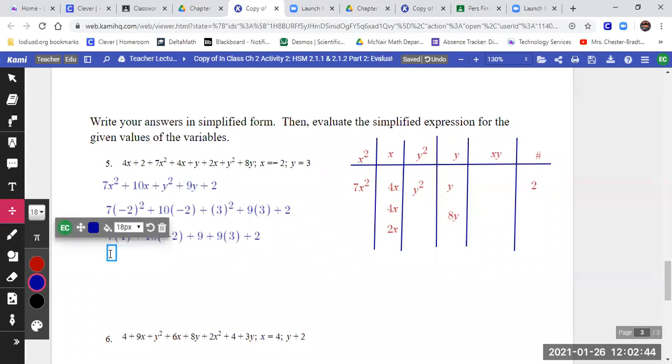And a 10 times a -2 is how much? -20. Notice how the -20 is on the problem. Then we didn't change the 9, but we have a 9 times 3. 27, and we have the 2 that we didn't change. Remember, we're only changing one piece, one level at a time.